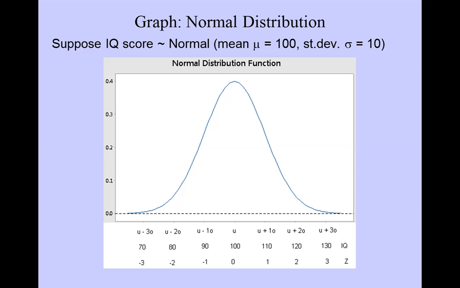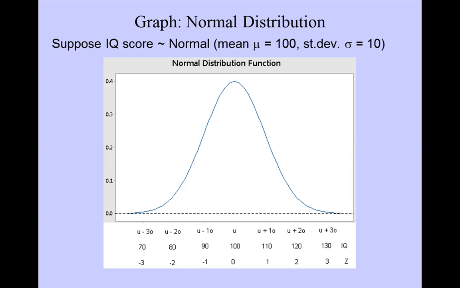The second value labeled to the left of the center is mu minus 2 sigma, or 100 minus 2 times 10, which is 80 on the IQ scale, or negative 2.00 on the z-scale.